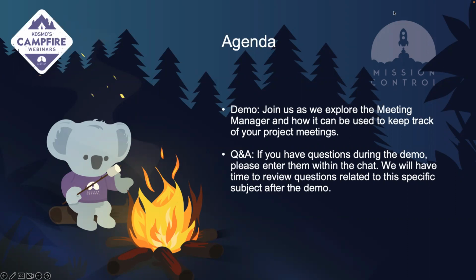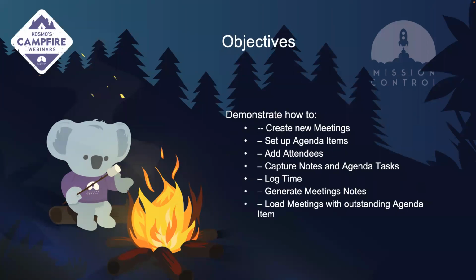All right, so again, the objectives for today will be to be able to create new meetings, set up agenda items, select who's attended the meeting, who was unable to make it and why.